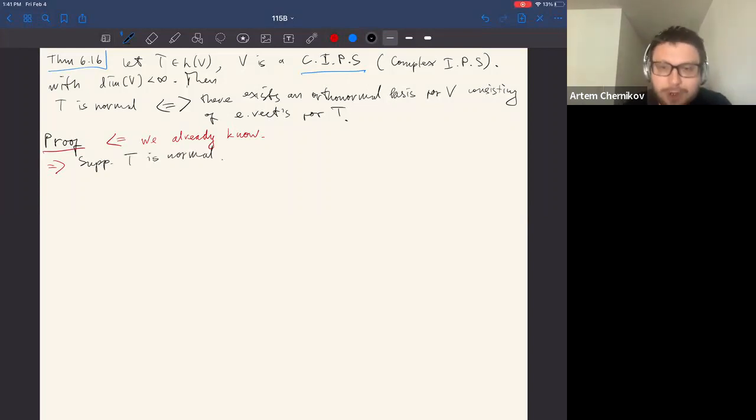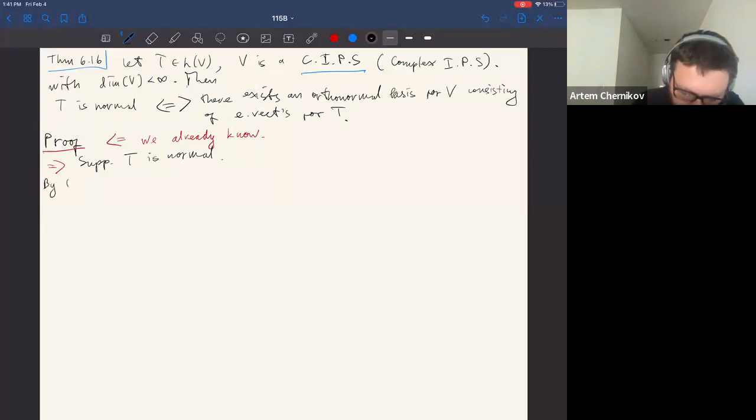Okay. Now, how do we use that this is a complex inner product space? So we use it because the point is that over complex numbers, every polynomial splits by the fundamental theorem of algebra.